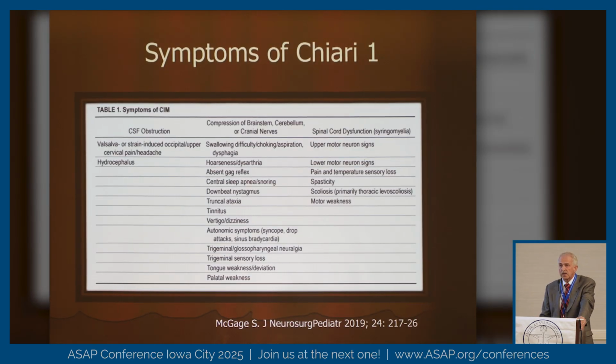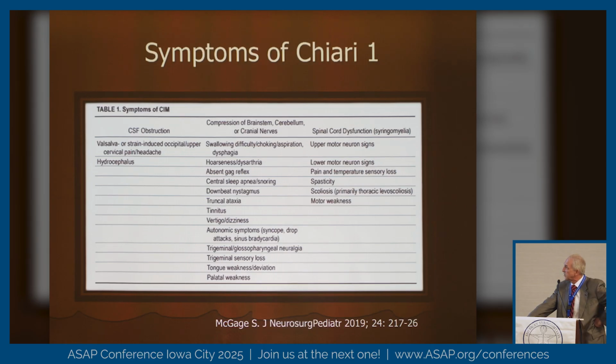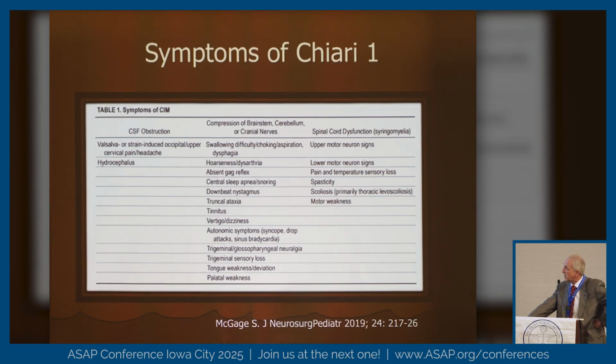Now, what's interesting to me is that this is just one explanation of the various symptoms, or at least it tries to assign what the pathophysiology is to the various complaints in Chiari malformations. They list the Valsalva or strain-induced occipital, cervical pain or headache disorders under CSF obstruction.